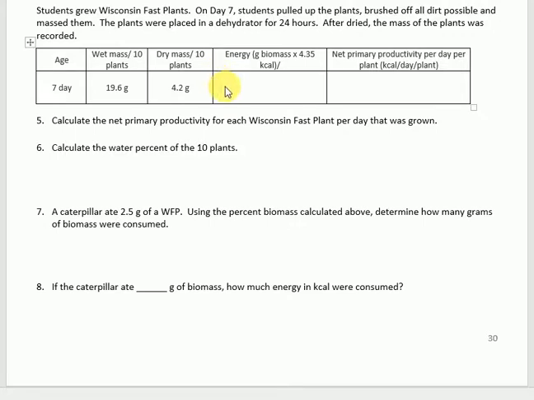So we have our 4.2 grams times the 4.35 kilocalories. And of course we have to put that over 1 gram so that the units cancel out. Our total, if you plug that into the calculator, is going to be 18.1 kilocalories.